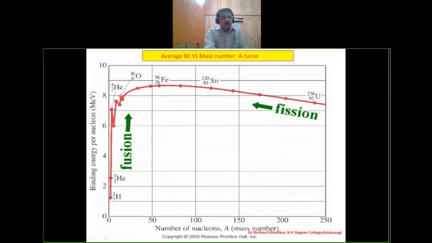As you go, the binding energy increases up to a maximum of 8.8. For mass numbers 40 to 160 it is flat; from here to here it is a constant binding energy of 8.8. Then it drops.